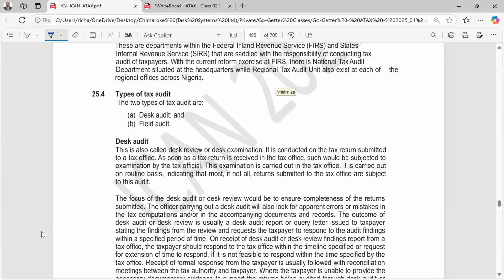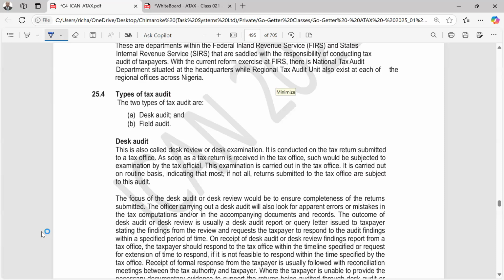Now, what happened is that as soon as you submit your tax returns, previously it used to be filing of hard copy. But now, when you go to the Tax Pro Max and you submit your tax returns, immediately or not so immediately, the tax review will start.